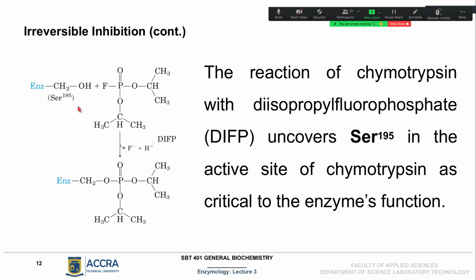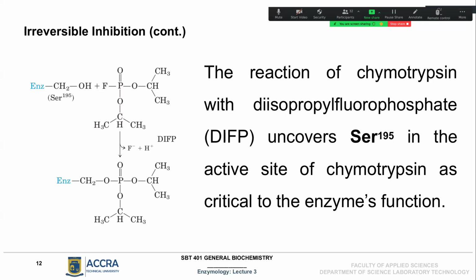Remember, we saw in our last lecture the action of chymotrypsin, where chymotrypsin specifically breaks the peptide bond that exists between the carboxylic functional group of an amino acid and phenylalanine. So it could be an aromatic amino acid.